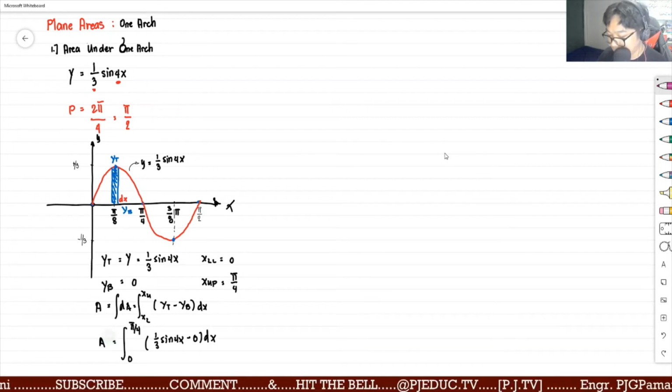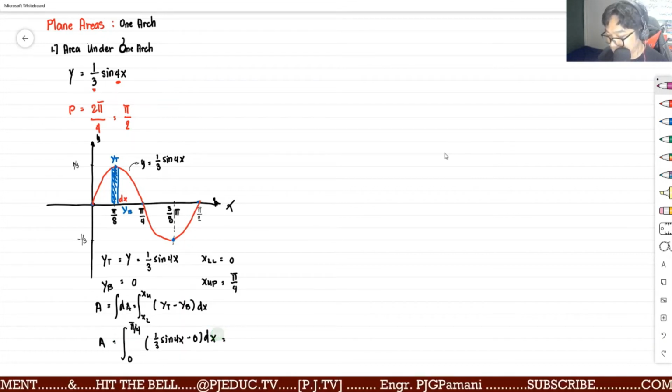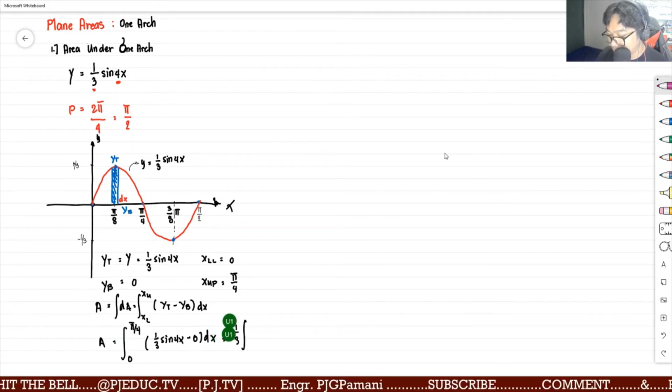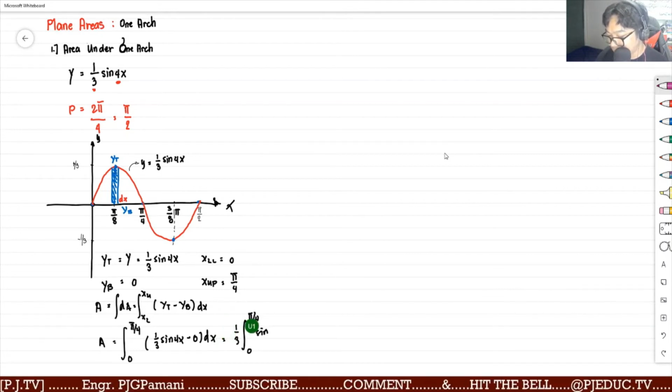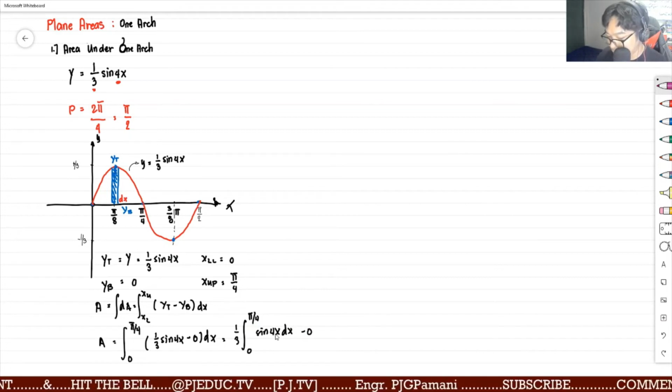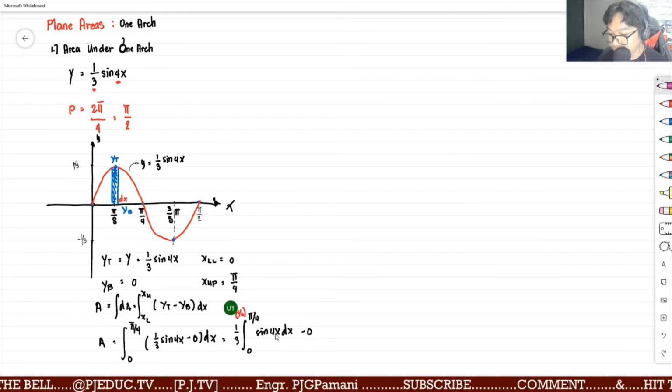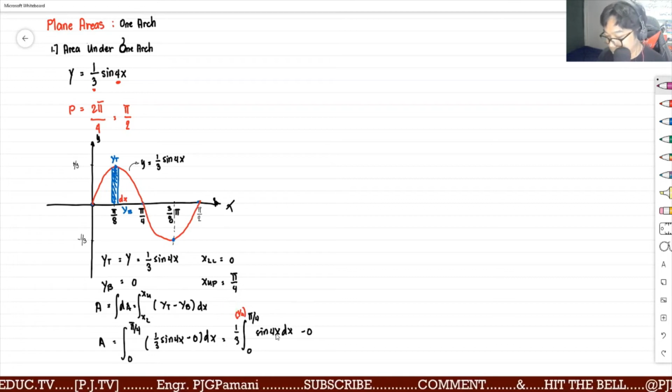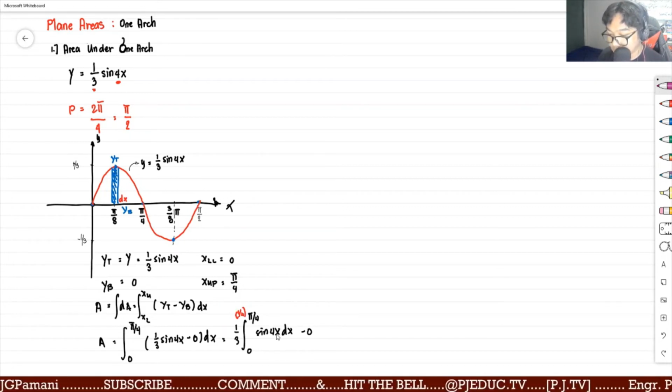Okay? Ang dali lang namang i-integrate niya, di ba? That is simply 1/3 integral from 0 to pi over 4 of sine 4x dx minus 0. So, our u is 4x. So, mag-introduce tayo ng correcting factor equal to 1/4. Right?